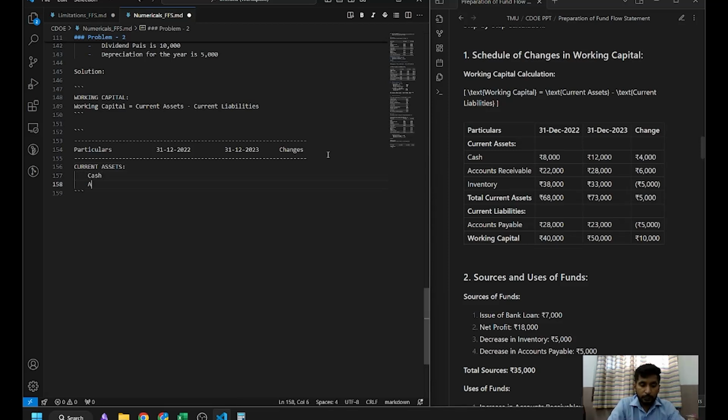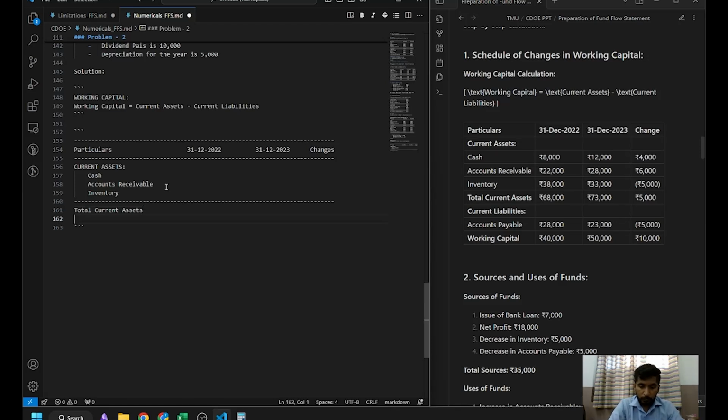We have the cash, accounts receivable, after that, we have the inventory, making my total current assets.